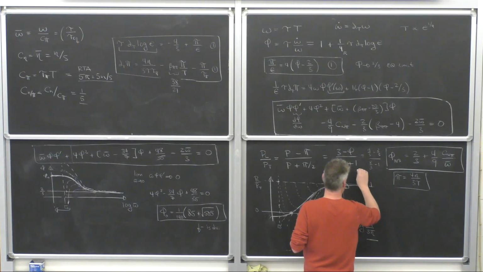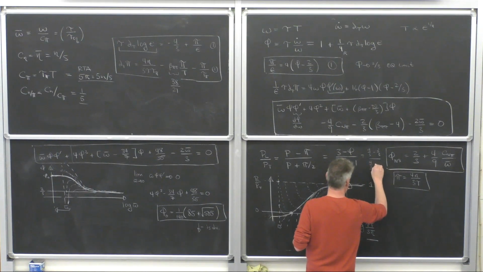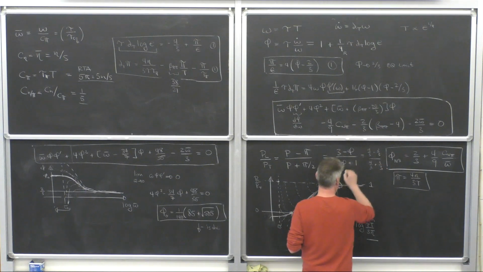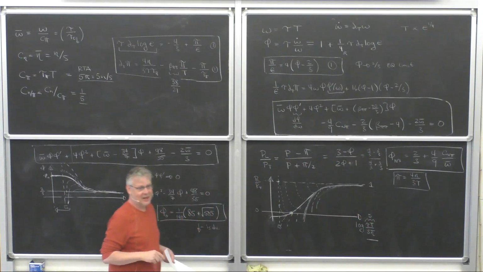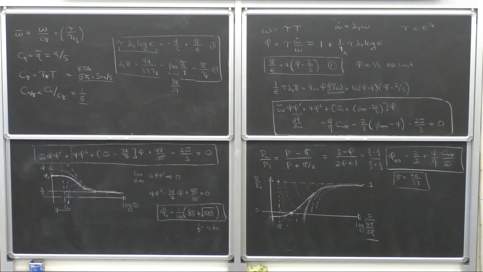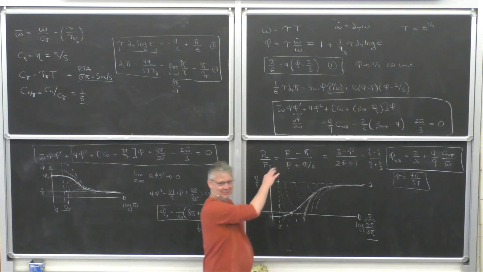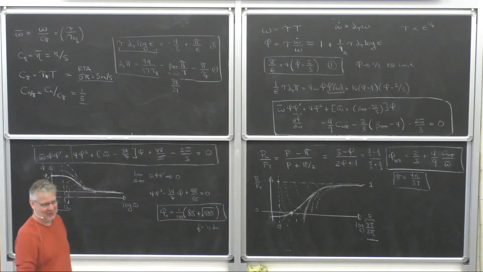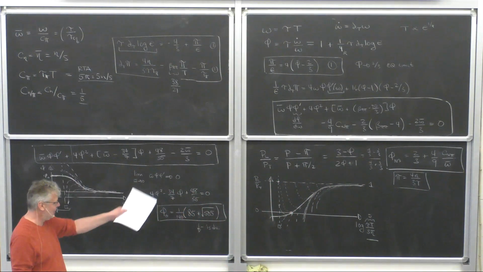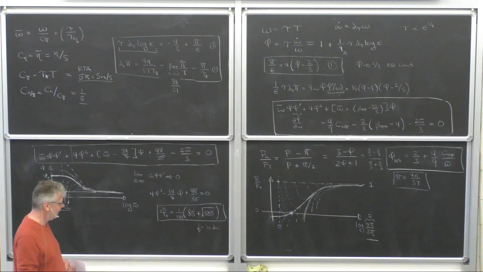No. I might have made a mistake here, but it's 4/3. Okay, so maybe it's a plus here. I might have made a mistake there. I'll check my notes again. But at least this way, it does give you 1, it should be 1, when the first part of your statement's correct. So I probably made a sign error writing it down there.